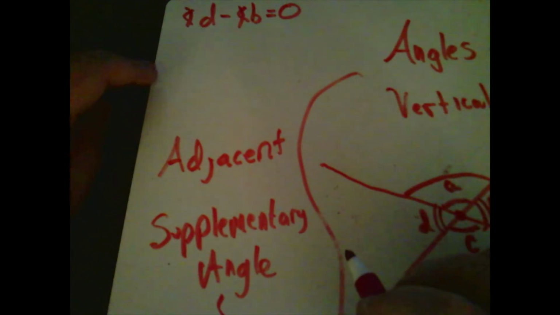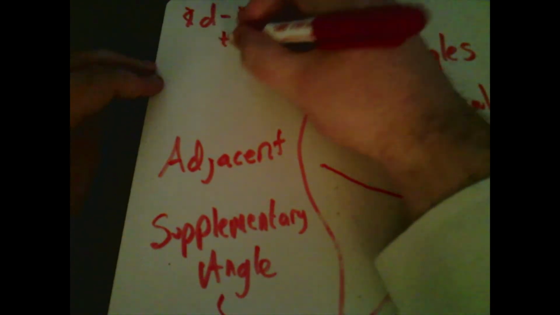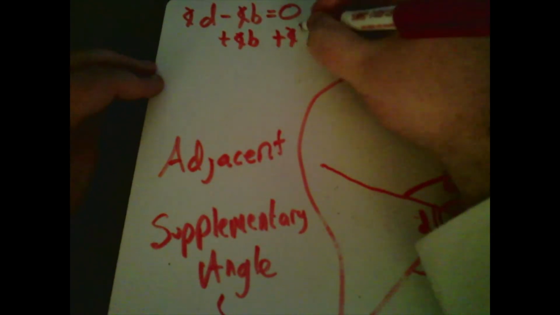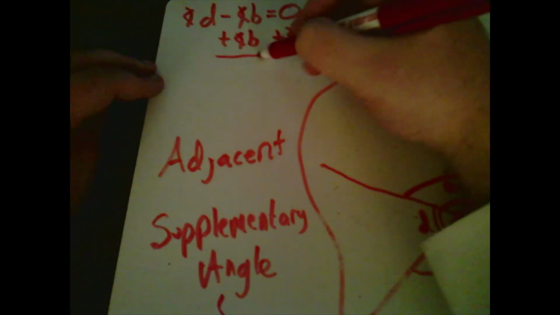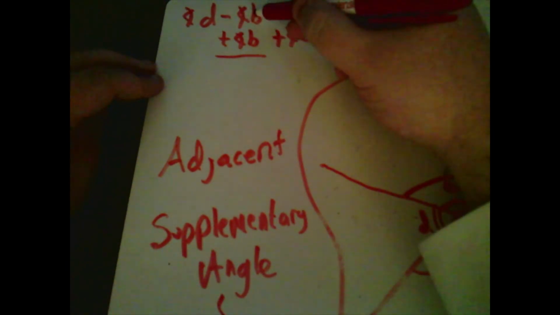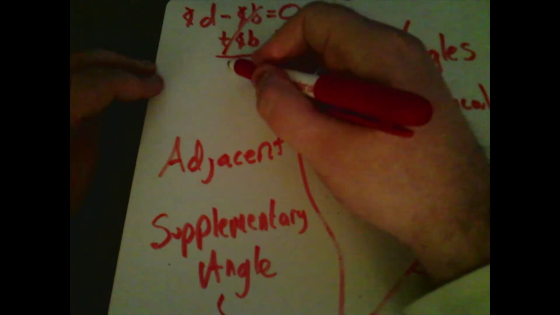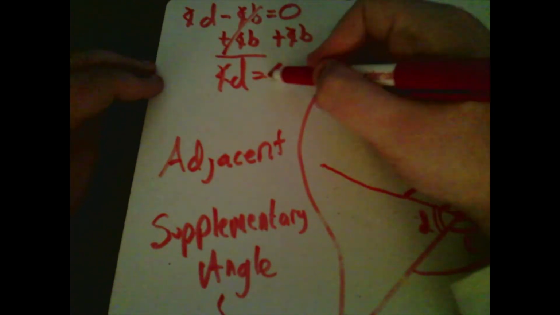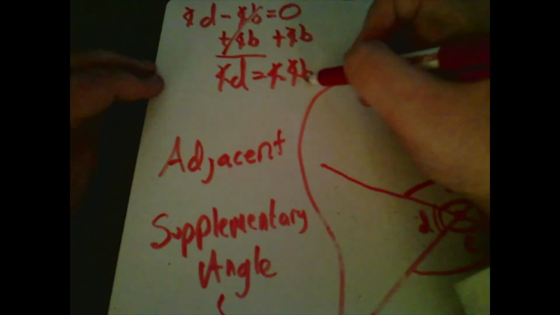By the same logic that we used earlier, we can add angle B to both sides of this equation. Okay? Minus angle B plus angle B, well, that's the opposite of this, so this is just 0, leaving us with just angle D on this side, and giving us on the other side just angle B.